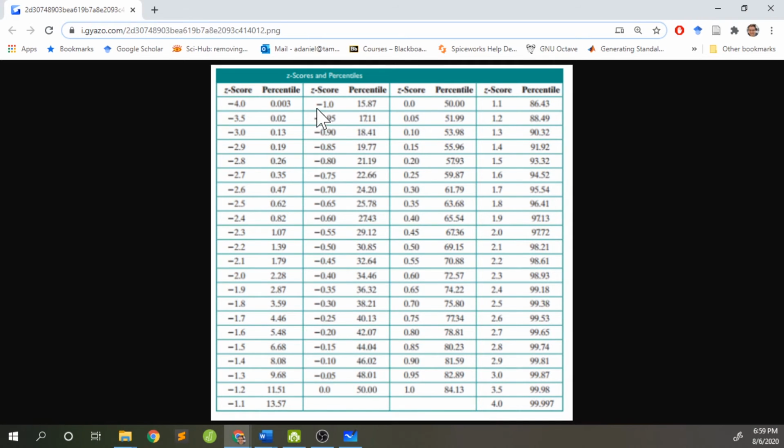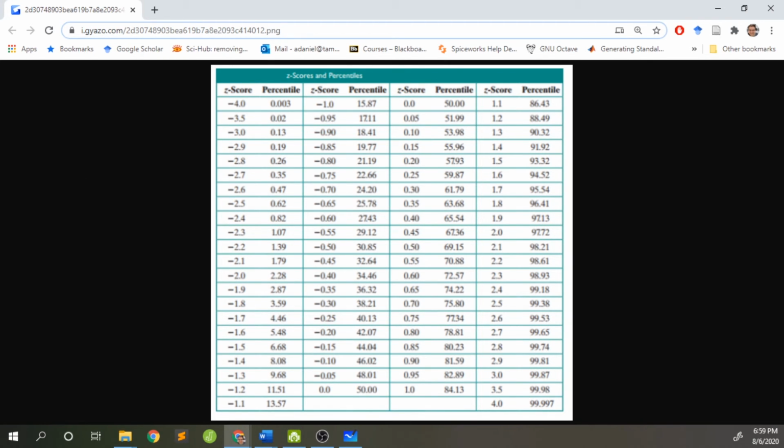Right? If my friend scores a -1 and I score, let's say, a 2, they were better than the 15.87%, and I was better than 97.72%. I can subtract their percentile from my percentile and get a number.